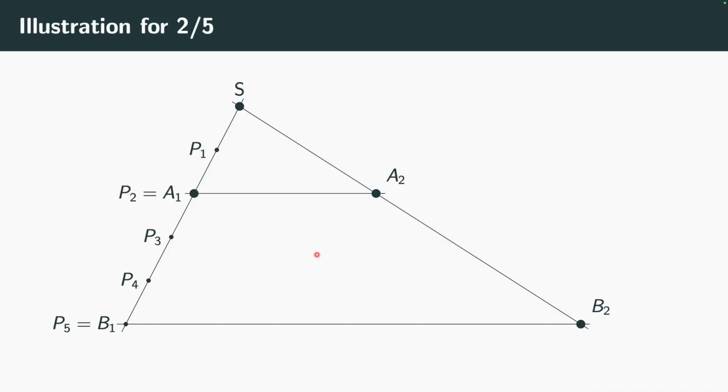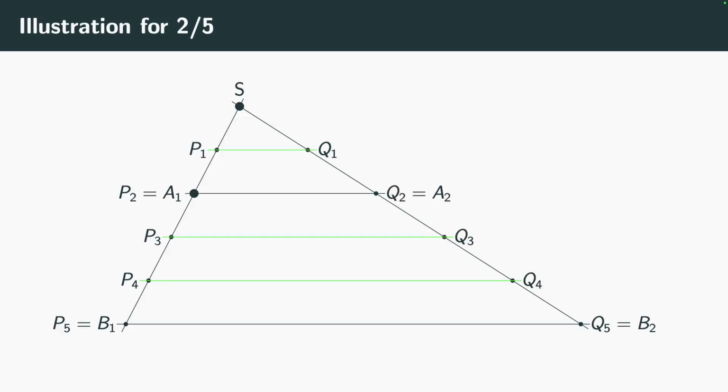So now I slice up, right, I said this was 2/5. So I slice up from S to B1 into these 5 pieces. So I have S, P1, P2, which is the same as A1, P3, P4, and P5. Each one of those is 1/5 of the way down. And now I draw a bunch of parallel lines. So the first set of parallel lines I do are these horizontal parallel lines.